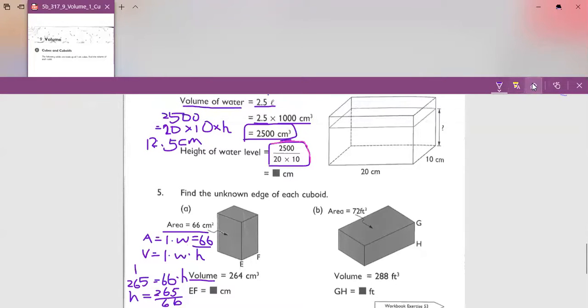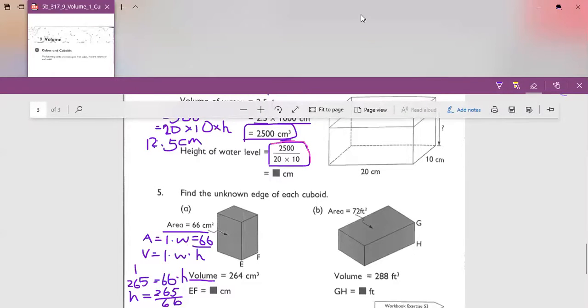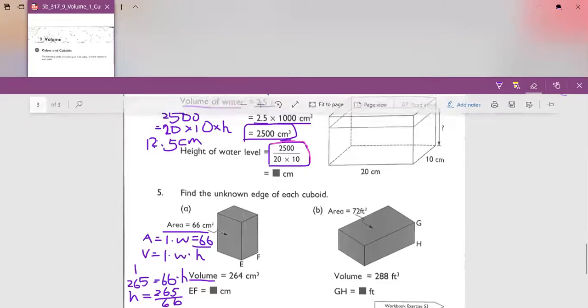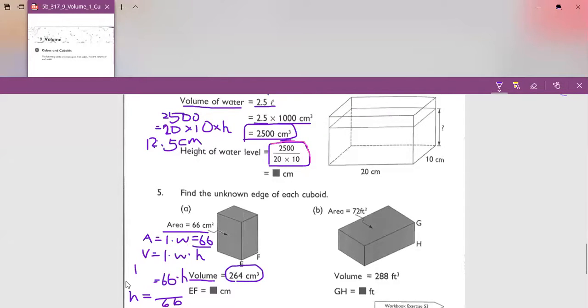Let me erase it. Okay, over here. All right, so it's 264 because over here it says 264. So 264 divided by 66.